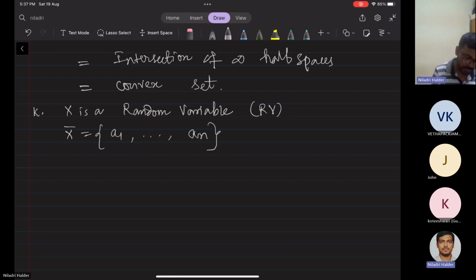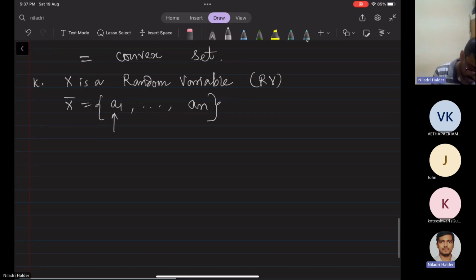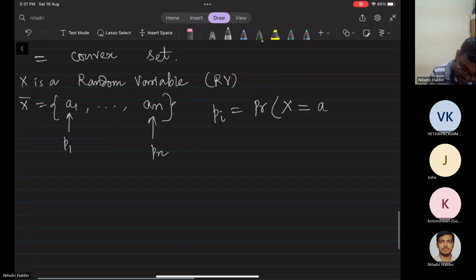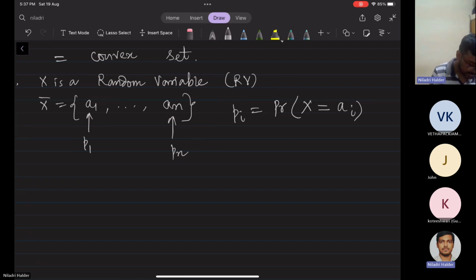These are the values x can take. Corresponding to each and every value there is a probability, suppose p1 up to pn. That means pi is equal to the probability that x is equal to ai.